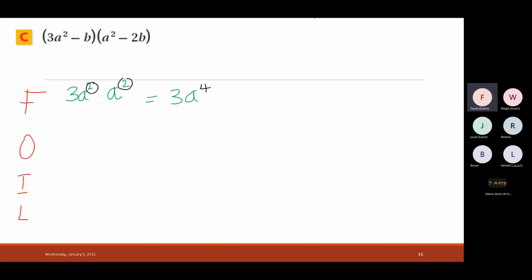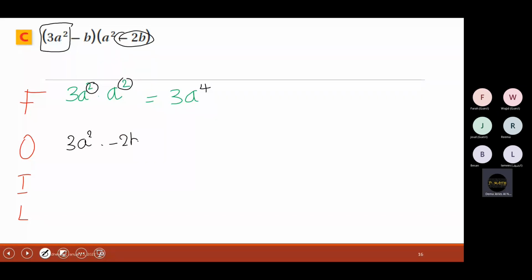Three and a to the power of 4. There's no 4. 3a squared. This is the first one. Where is the second one? To the right, but it's far away from 3a squared, not near it. 2b. Negative 2b, bravo. Times negative 2b. Now, when you multiply them together, what did you get, Farah?